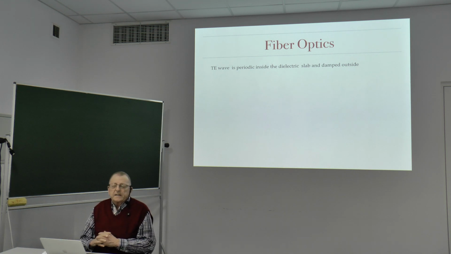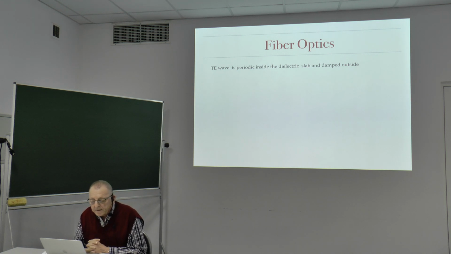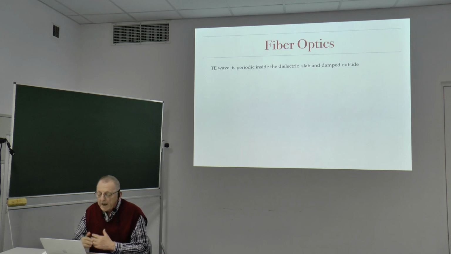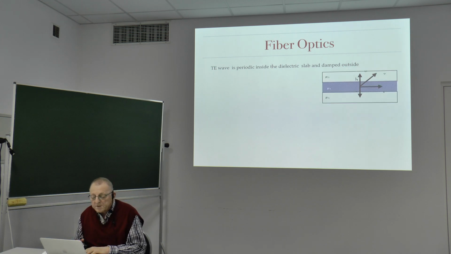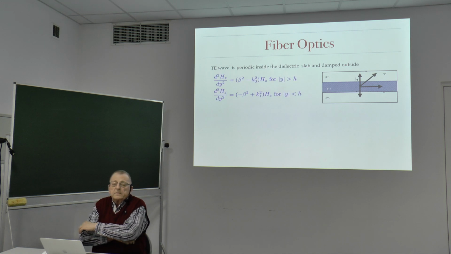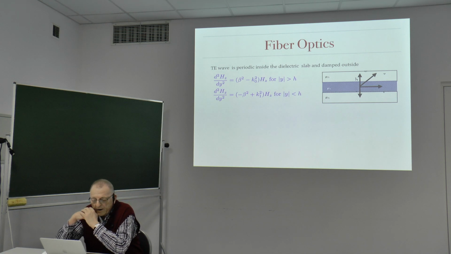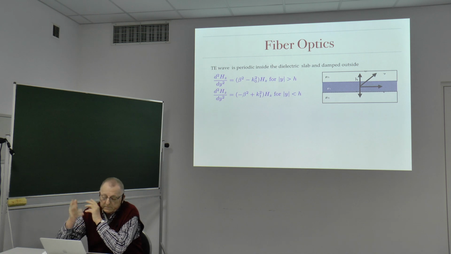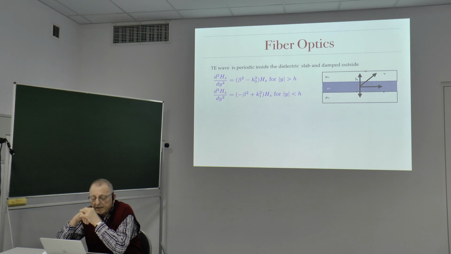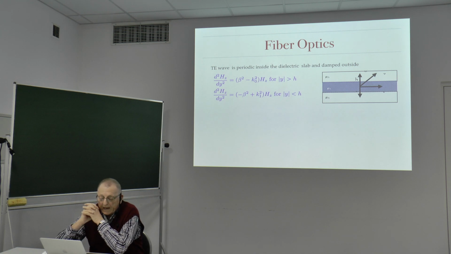The transverse electric mode is periodic inside the dielectric slab and has to be damped outside. This is again the picture. For the modulus of y larger than h, this equation has to look like the first equation on the slide, and inside of the slab it has to be propagating, so the coefficient has to be negative.